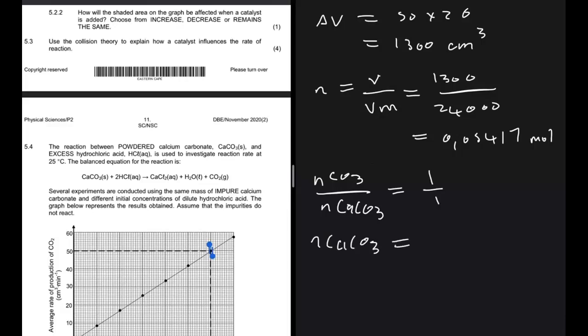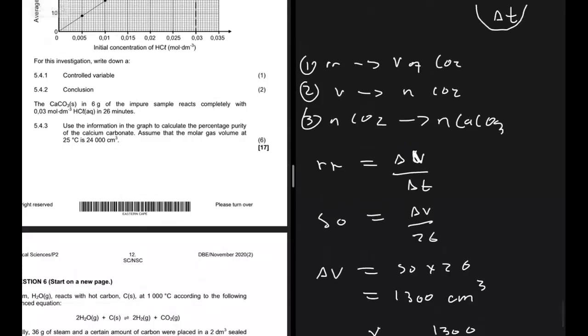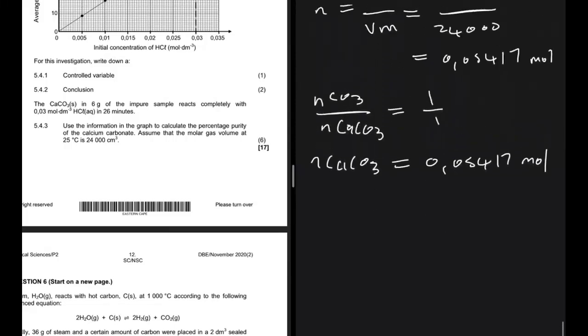So that will also be 0.05417 moles. So now we've done step 2 to calculate the number of moles of CaCO3. Now we can take a formula and calculate the mass of CaCO3.